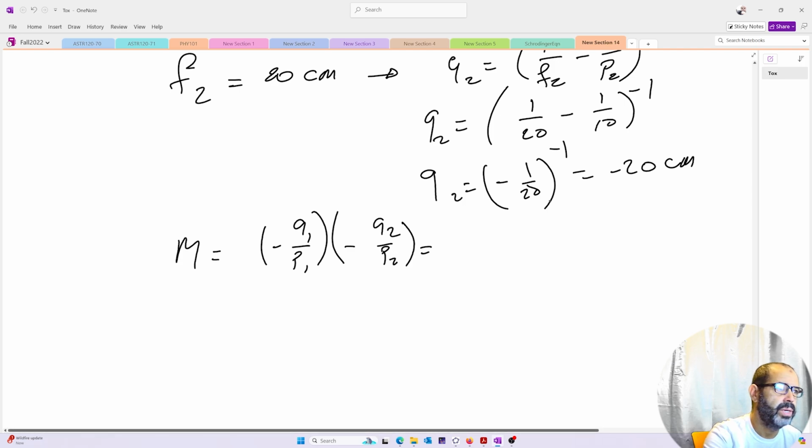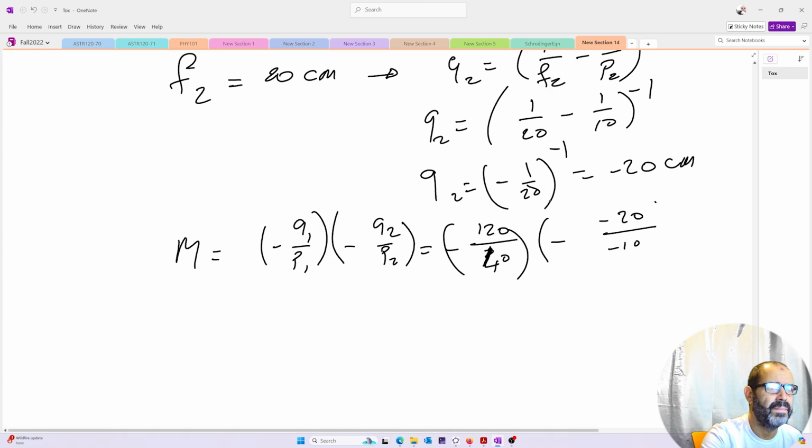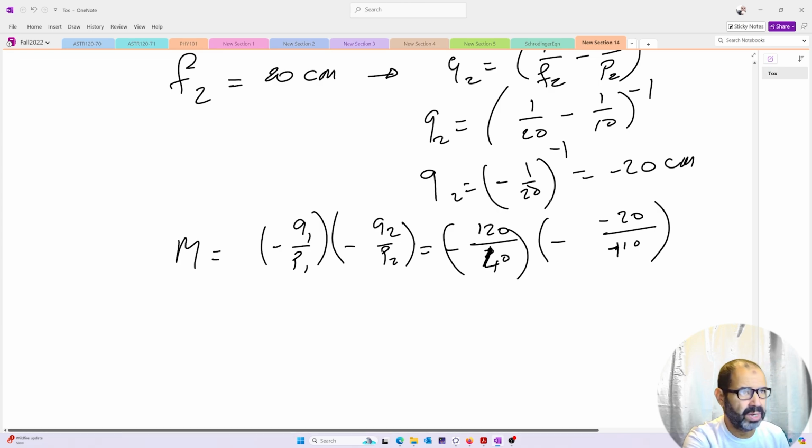So it's equal to negative Q1, and Q1 was 120, divided by the object position, which was 40, times negative 20 divided by P2, which was 10. Always, I'm sorry. We're looking at P2.